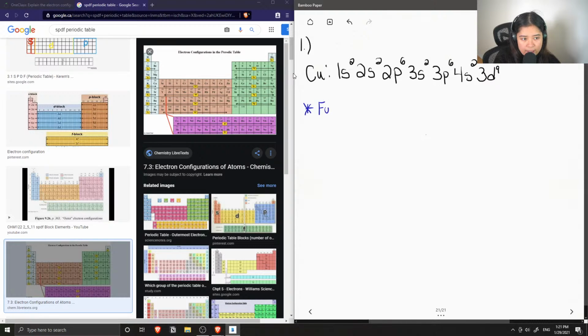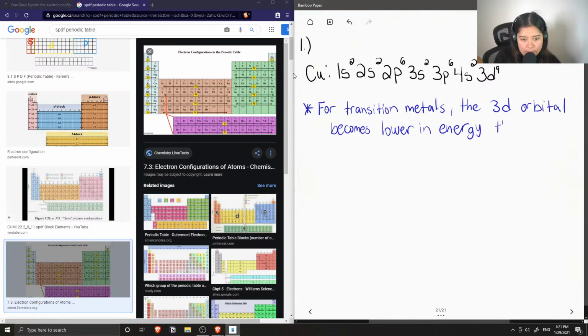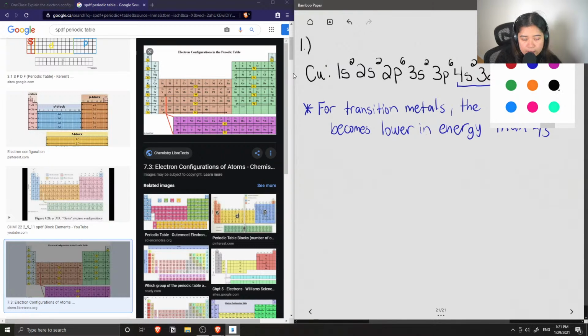So I'm just going to add a note here that for transition metals, the 3d orbital becomes lower in energy than 4s.